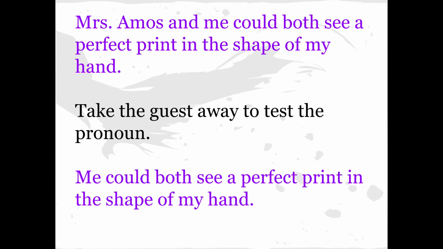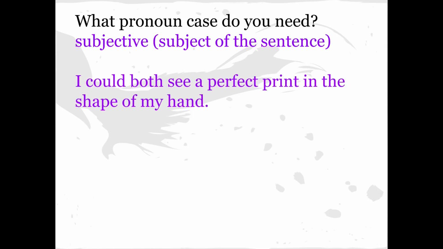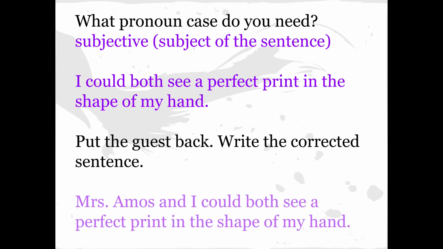Hopefully your ears are telling you that is not correct. We don't want me. What do we need? We need the subjective case, the subject of the sentence. "I could see a perfect print in the shape of my hand." Now we put the guest back and write the corrected sentence. "Mrs. Amos and I could both see a perfect print in the shape of my hand."